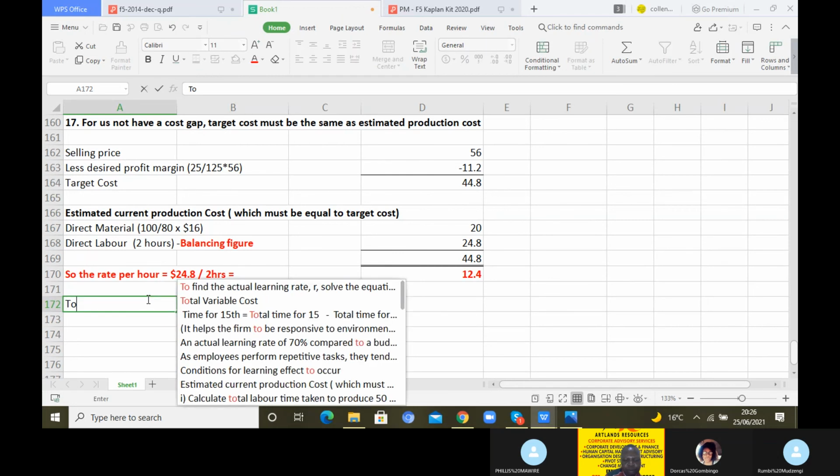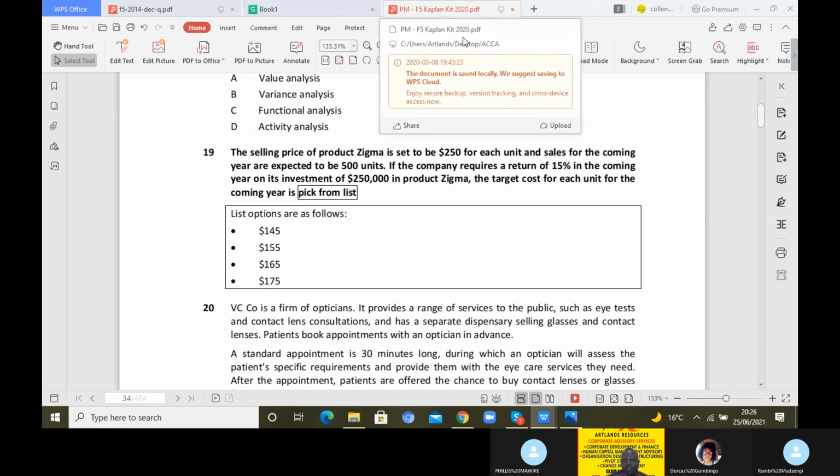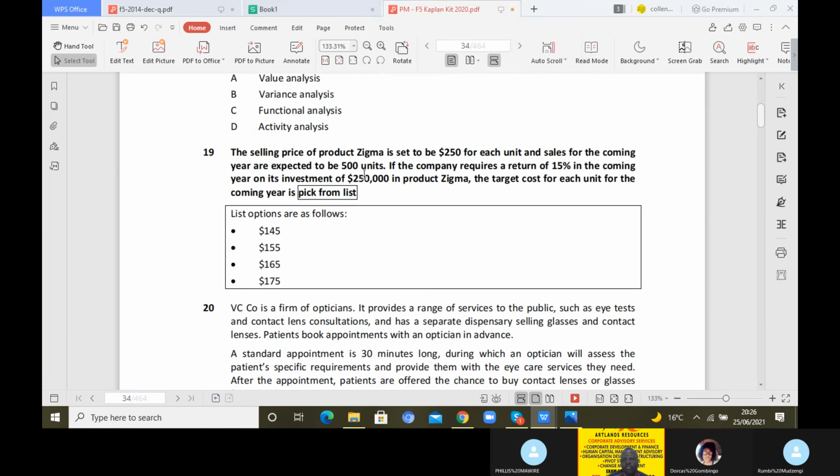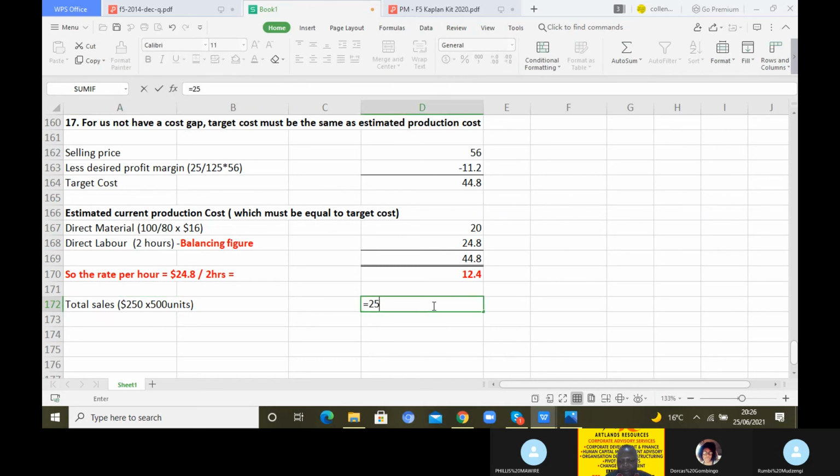Total sales: because they want return on the total investment, total sales is $250 multiplied by 500 units.